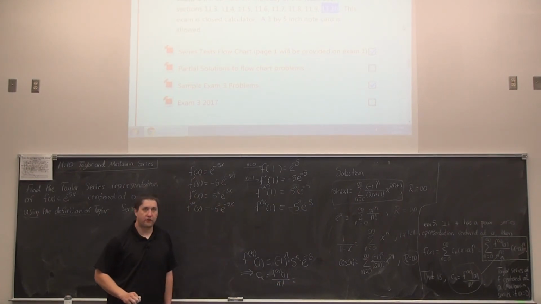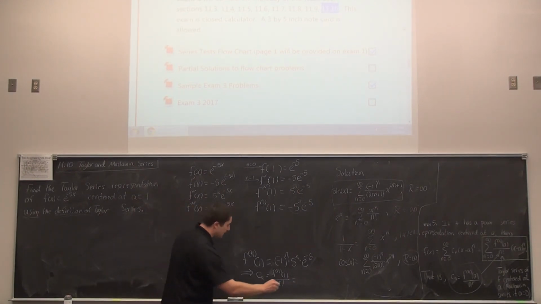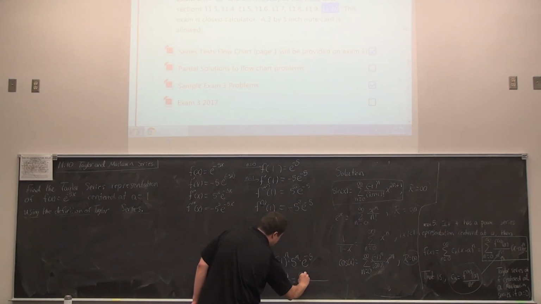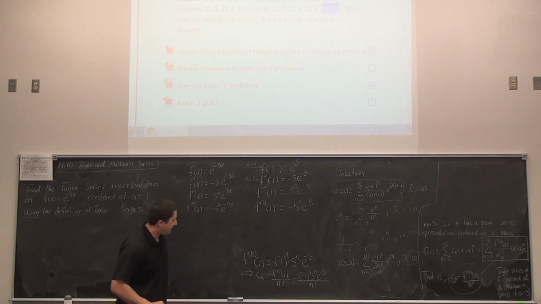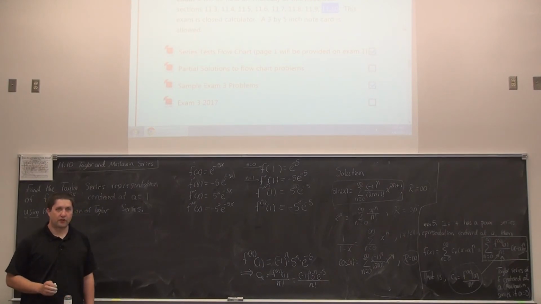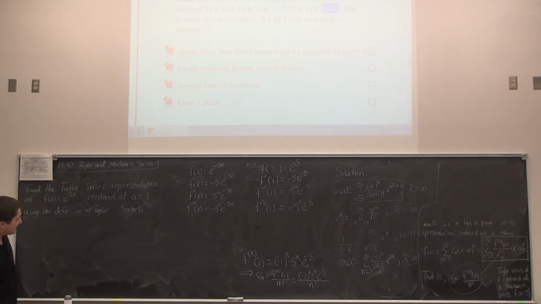But we have a formula for the nth derivative at the center 1. So this becomes negative 1 to the power of n, 5 to the power of n, e to the power of negative 5, all divided by n factorial. So that's the coefficients of the power series c sub n. Any questions at that step so far?